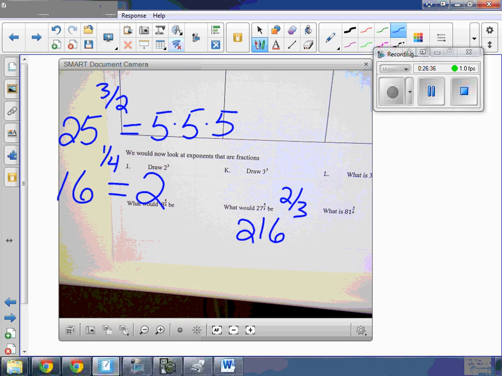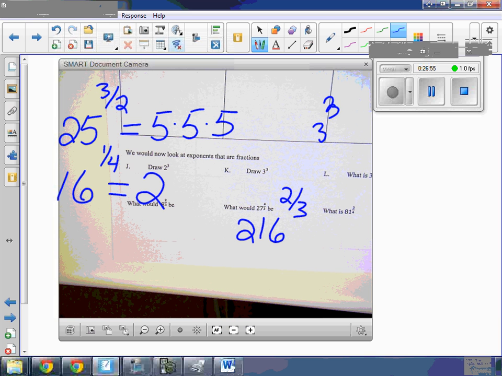5 times 5 is 25, times 5 is 125. That didn't work. 6 times 6 is 36, 36 times 6 is 216. So you can just test that in your calculator. You can try 3 to the 3rd, 4 to the 3rd, 5 to the 3rd, 6 to the 3rd, and see if it can even work.